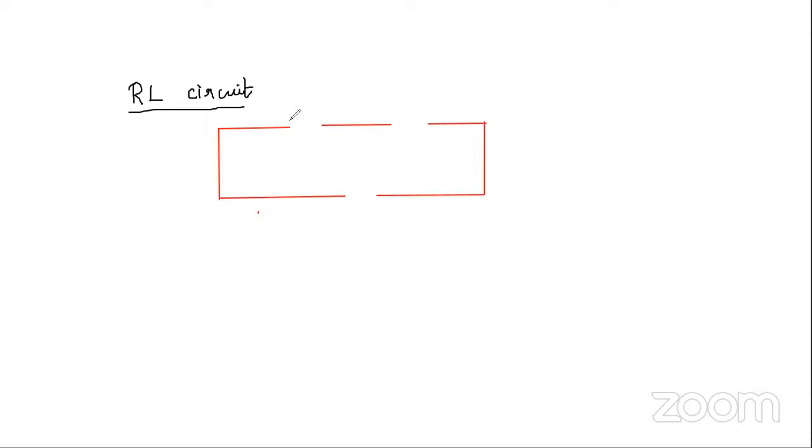So here you are having some resistance, that is R. This is the inductor coil L, and you will have the sinusoidal signal here, represented by E equal to E naught sin omega t.